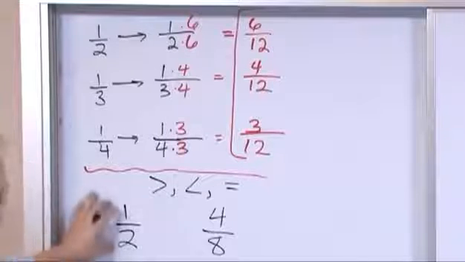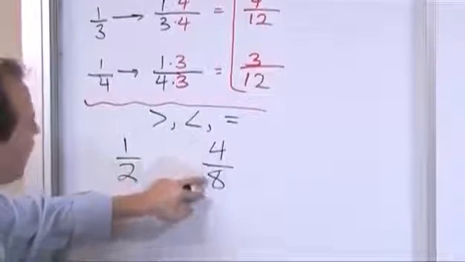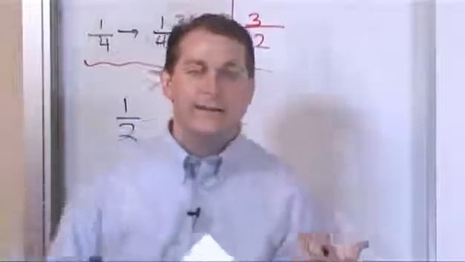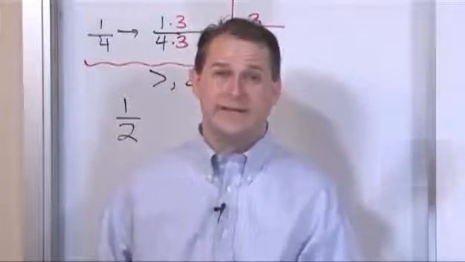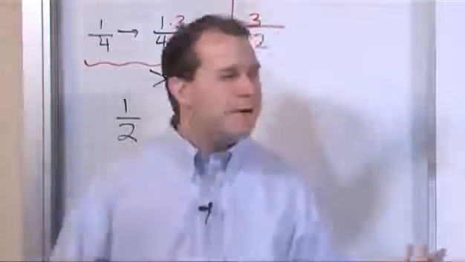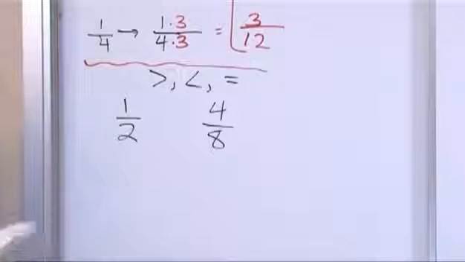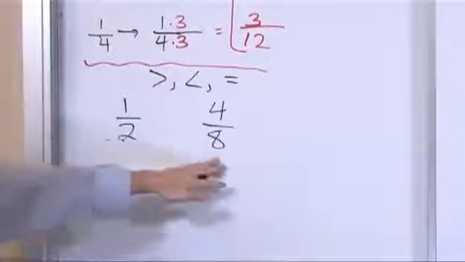Now, what if I took a separate pizza and cut it into 8 slices but only gave you 4? Well, if I cut it into 8 slices but gave you only 4 slices, then you know you have half the pizza, right? So these two fractions should be equivalent to one another, and you know that they're equivalent to one another because this is sort of an easier one.